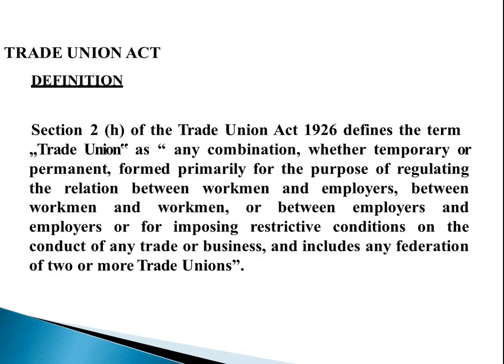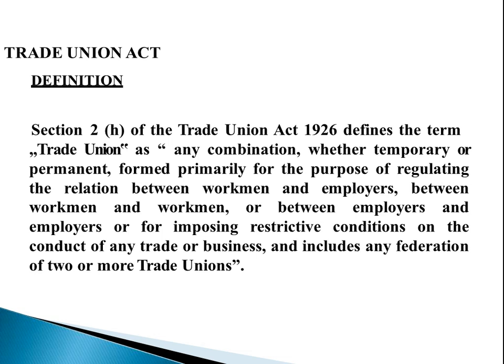When we go deep into the topic, the Trade Union Act has an important definition of what a trade union is under section 2(h). As I said, in any act we come across different definitions under section 2.